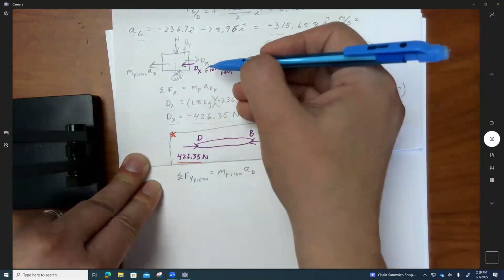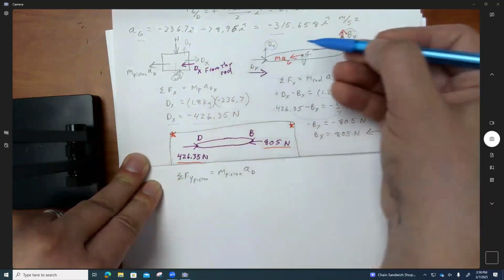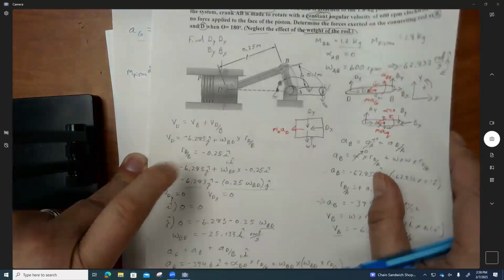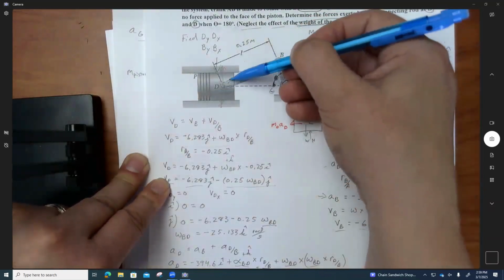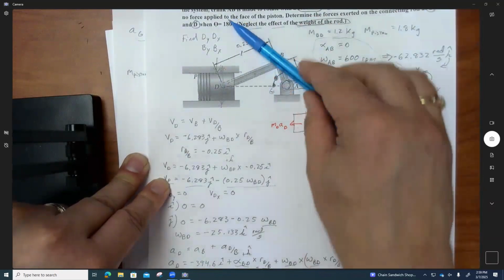So that means that we are going to be coming in a downward direction from the rod whenever it's functioning.